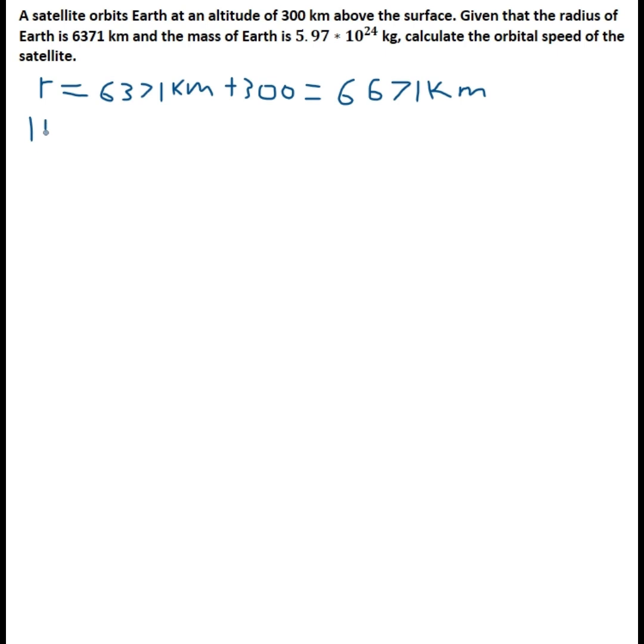So if you recall, 1 kilometer is equal to 10 to the 3 meters. That means that our total radius for the satellite is equal to 6.671 times 10 to the 6 meters, because we had 6,671 kilometers.